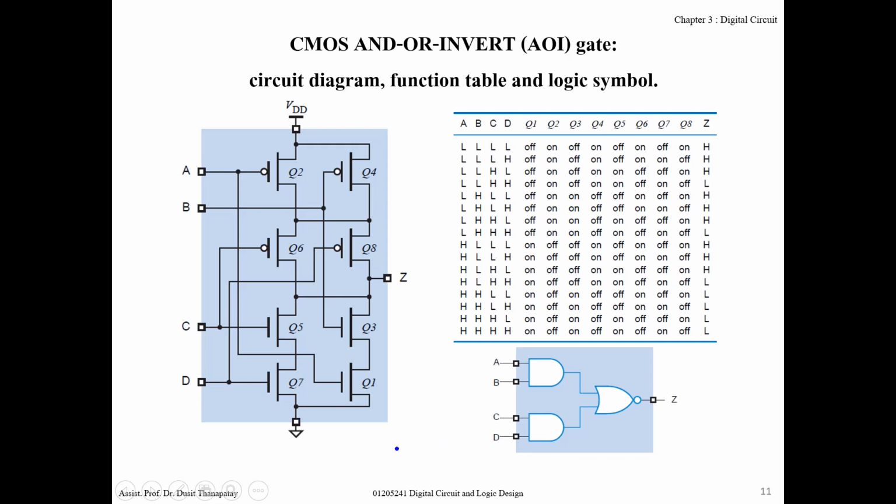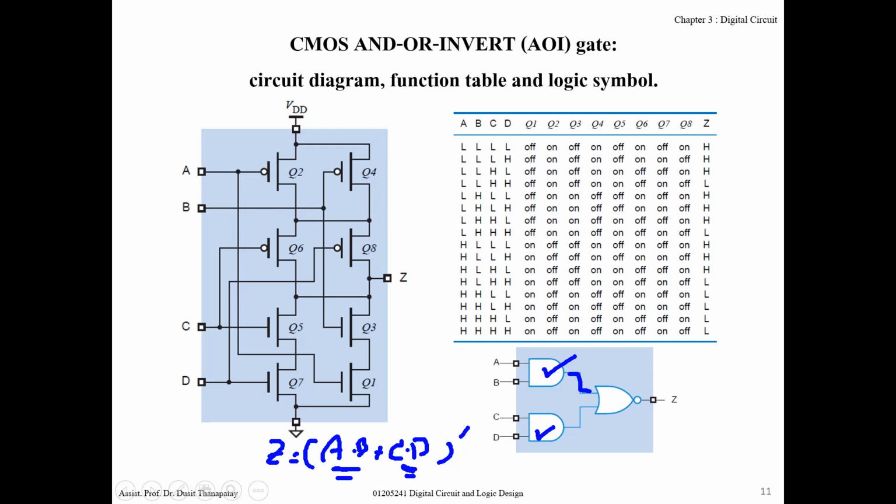And based on this, output Z equals invert of A and B plus C and D. So if you write the circuit diagram, for A and B use this AND gate, for C and D use this one, and then OR this term with this term.